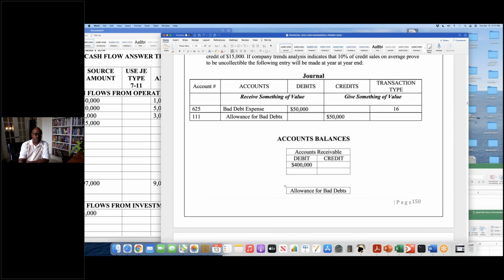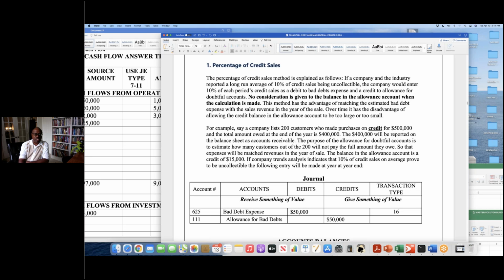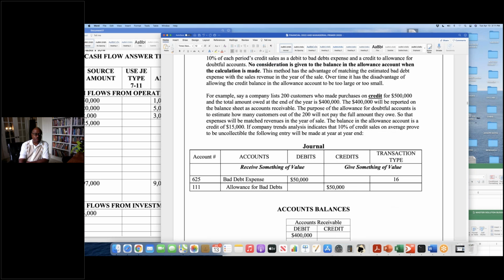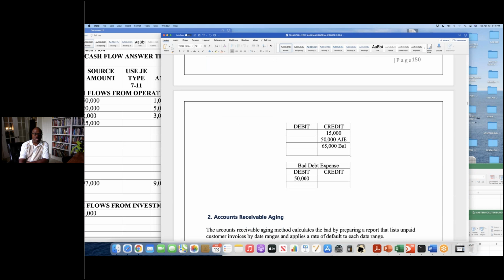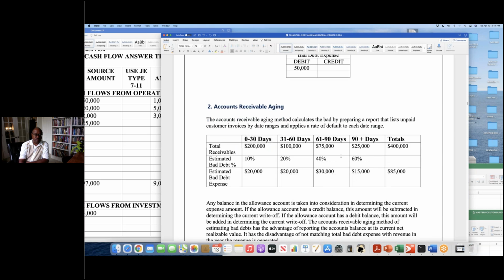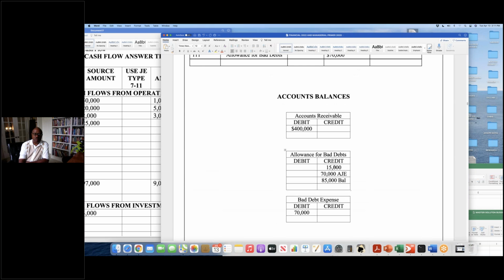We simply took 10%. So percentage of sales or credit sales, you just apply your percentage and you're done. But if you do an aging, you've got to look at what's in the account already, and the expense is the difference. So that's the difference in those approaches.